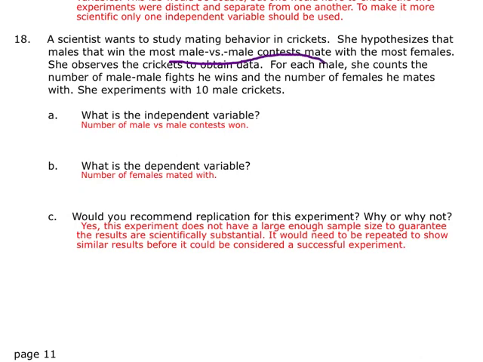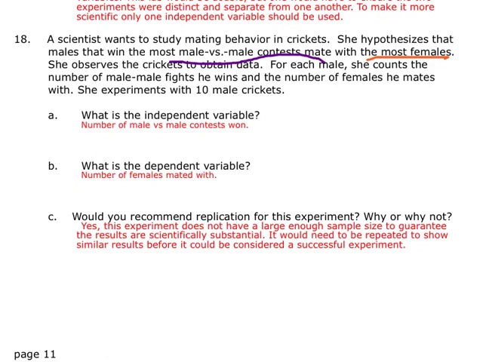That would be the independent variable, okay, because that leads to the ability to count how many females they get to mate with. All right? Now, would you recommend replication for this experiment? Why or why not? Well, I'm going to get you to go back and look at your notes on replication, which are back up in the booklet, and you can take a look at that. But I just wanted to point out a few of these things.